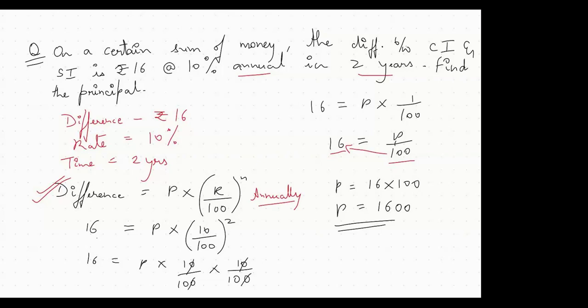You have to adjust according to the compounding. Else the whole thing remains the same. This is a different formula, very easy method. In the book there is a harder method, but this is a simple quick method you can follow. I hope this is clear now.